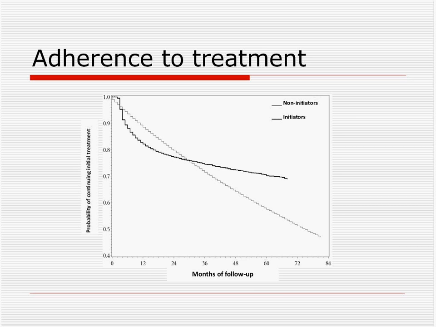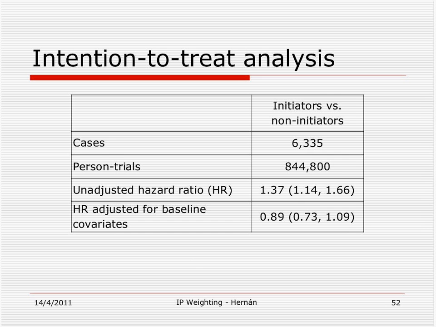So after 6 years, 30% of them are not taking it. So we have a lot of non-adherence. It's not much more than in the actual randomized trial that I described before. This makes the intention to treat estimates questionable.